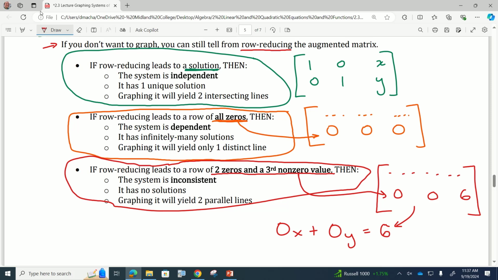And you'll notice that no matter what values you choose for x and y, you can never make this equation valid, right? It's always going to be 0 on the left side, 6 on the right side. And that's why we say there are no solutions if you find an inconsistent system of equations.